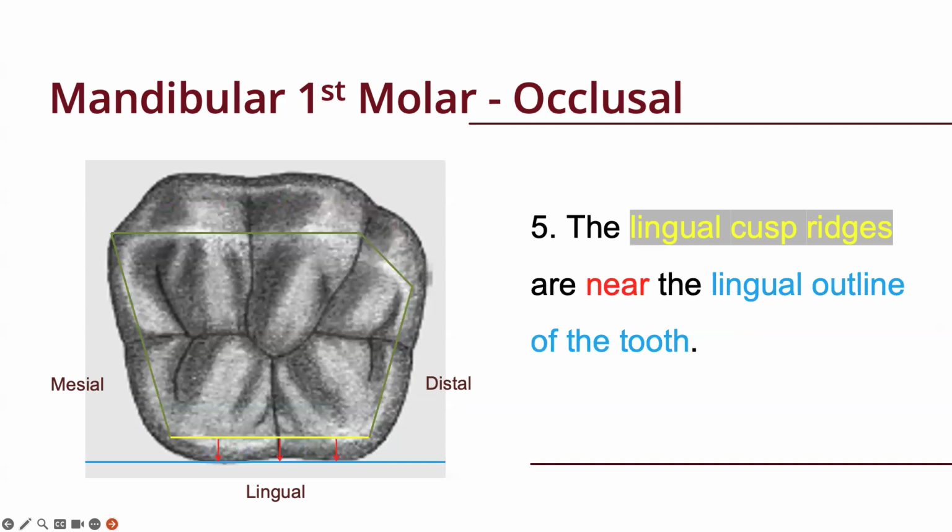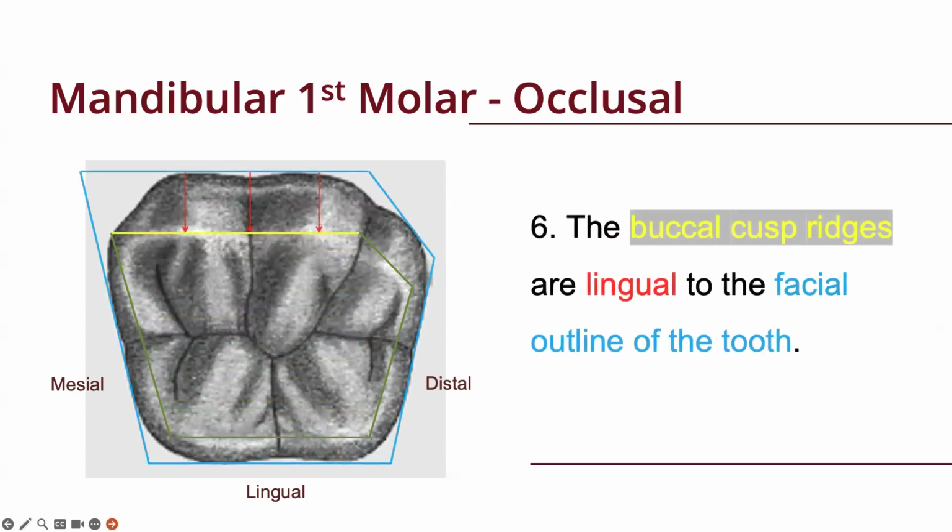The lingual cusp ridges are near the lingual outline of the tooth. As we noted a few slides ago, very close to the lingual outline of the tooth. The buccal cusp ridges are lingual to the facial outline of the tooth.